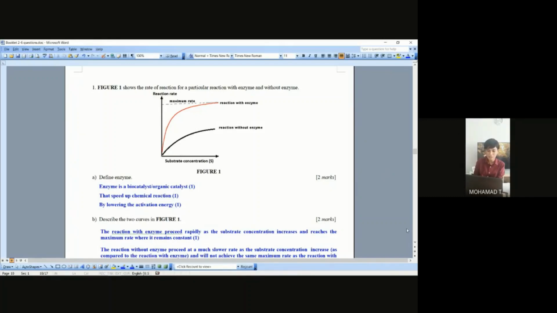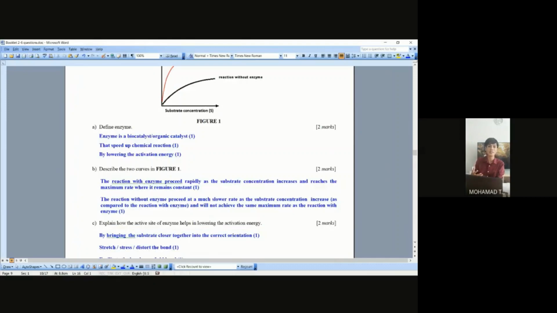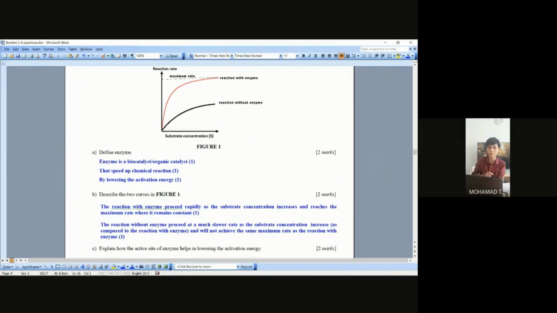The second question is describe the 2 curves in figure 1. When the question asks you to describe something, especially the graphs, describing does not require in-depth understanding about a particular thing. You just have a look at the diagram and then you describe the diagram.